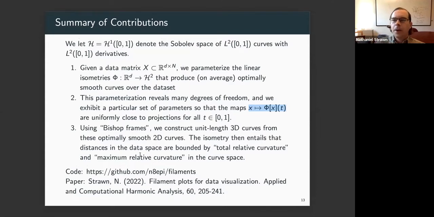But you can still say that there's a relationship between total relative curvature and maximum relative curvature. So distances are still preserved, not in a totally visually interpretable sense, but if you look at it carefully, you can tease out these differences.